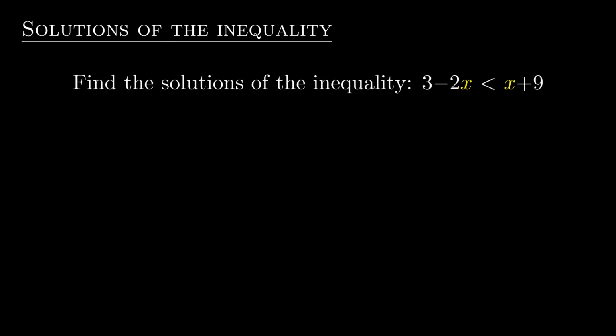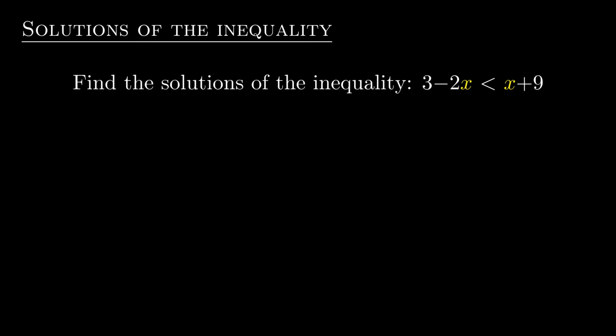Now let's find the solutions of this inequality. We do the same thing as we do with an equation: we put the variable on one side, and on the other side we put the constant. Here we'll put the x variable on the left and the constant on the right side.